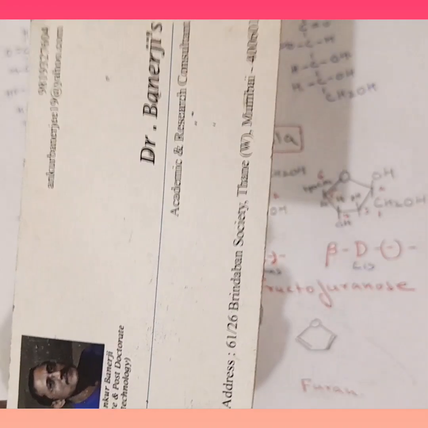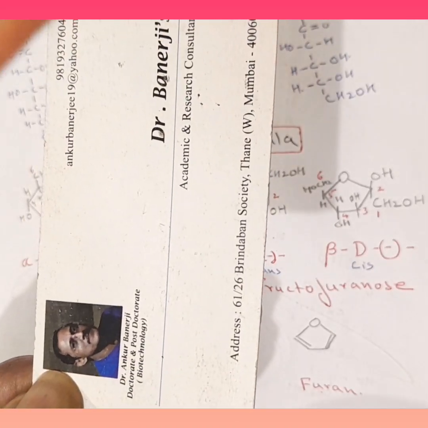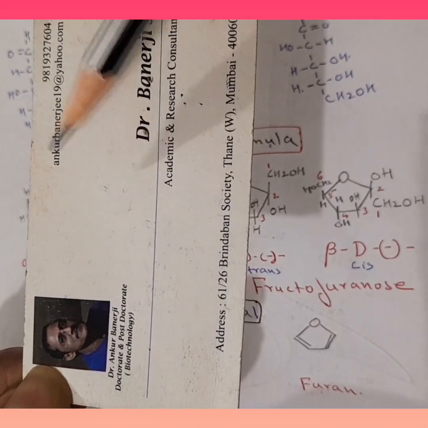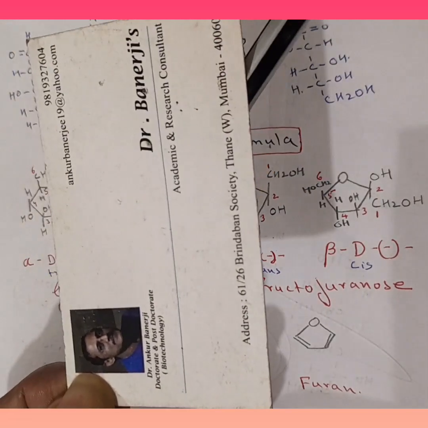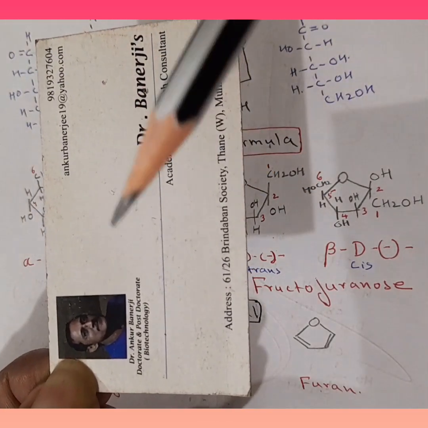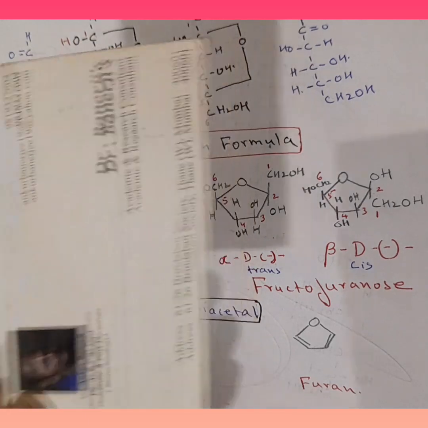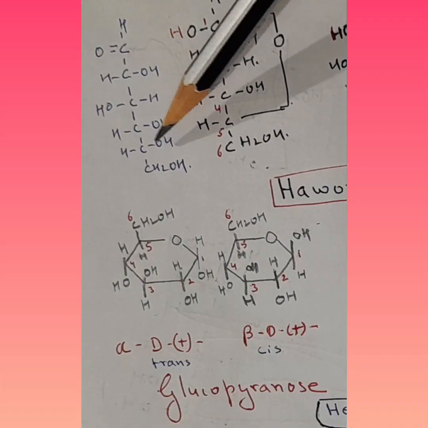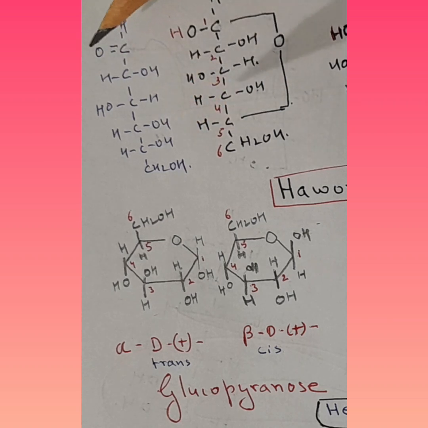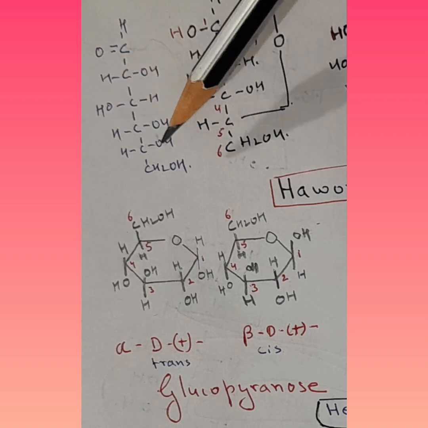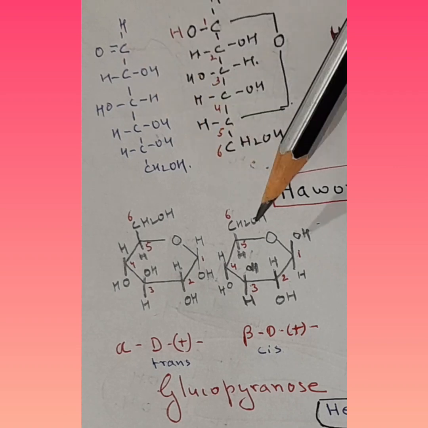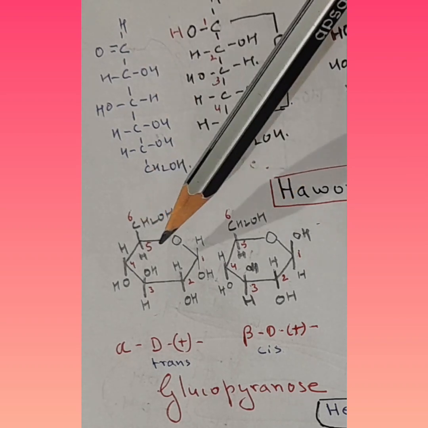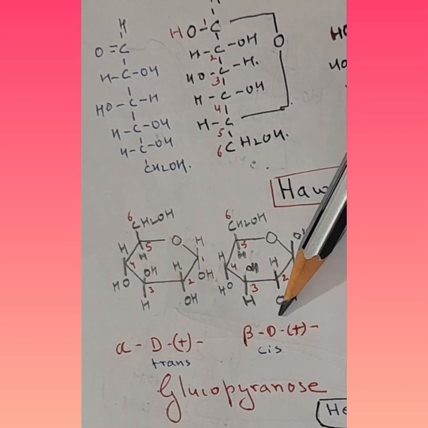Suppose this is the carbonyl. So O can attack from top and O can also attack from base. Obviously when O attacks from top, we get one structure, and when O attacks from base, we get another structure. So we have two structures, alpha and beta.